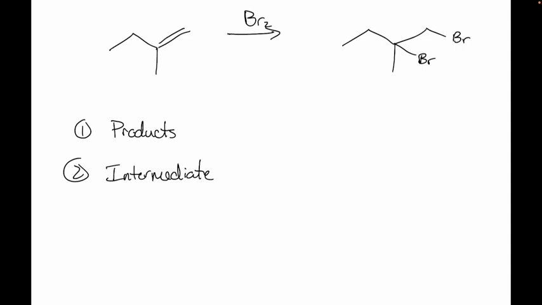My products are pretty straightforward because I'm just adding the same thing to either carbon, so nothing too crazy there. Same strategy, I'm going to draw my same molecule, but without that double bond, two new bonds on either side, on either carbon. The weird one here being that cyclic bromonium ion intermediate.